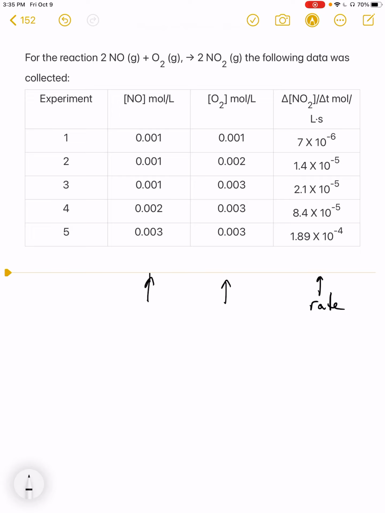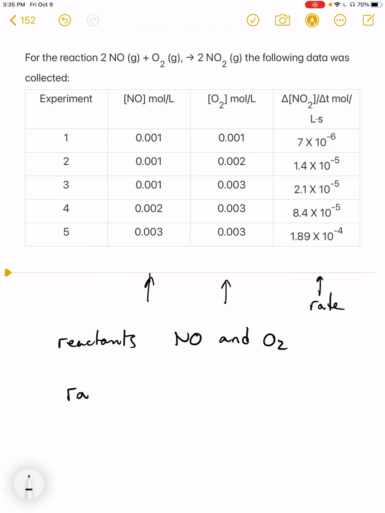So generally, if we want to determine a rate law for a reaction like this, my reactants in the equation are nitrogen monoxide and O2.